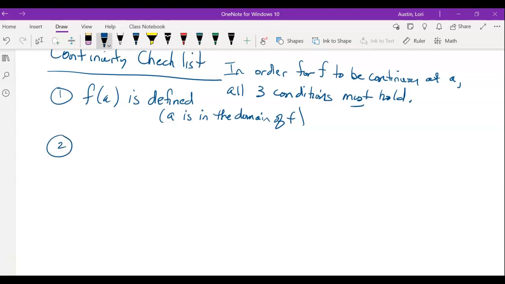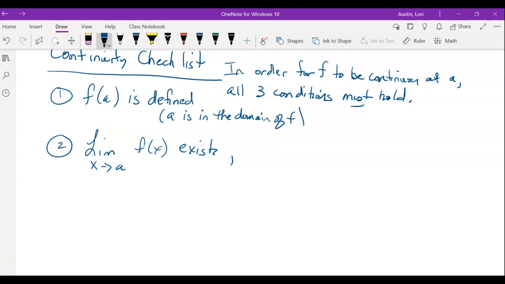The limit must exist. This is a tricky one. The limit as x approaches, whatever that value of a is, it's the same for the whole checklist. I'm going to add to this to remind you of a very important thing. For a limit to exist, what must be true about the two sides? They got to be the same.